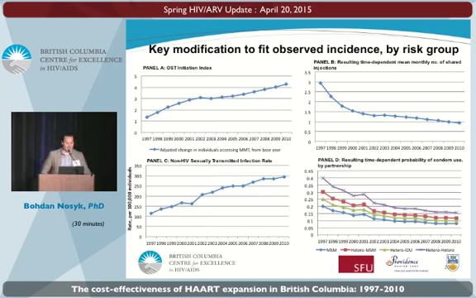So I'll drive home the point again. This was our key modification in terms of risk behavior. In panel A we have the OST or methadone maintenance treatment initiation index, and you can see in panel B to the right of it is really the inverse, which we took as a proxy for the mean monthly number of shared injections.